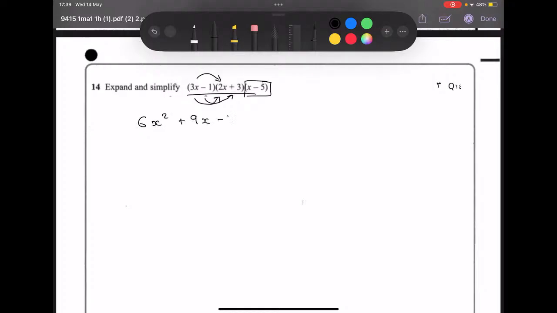This is minus 2x. And minus 1 times by plus 3 equals this. Therefore, that equals 6x squared plus 7x minus 3.